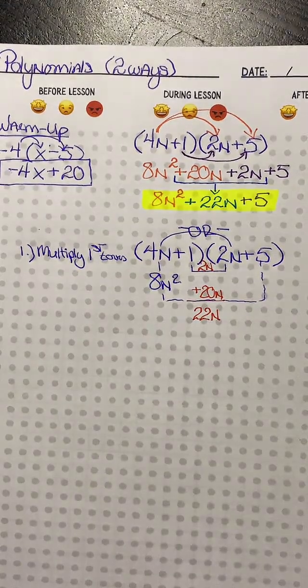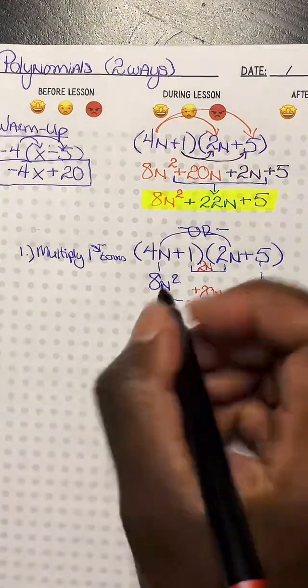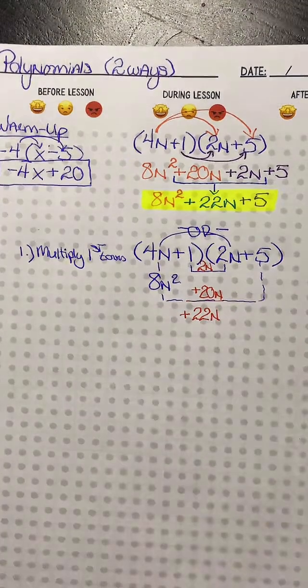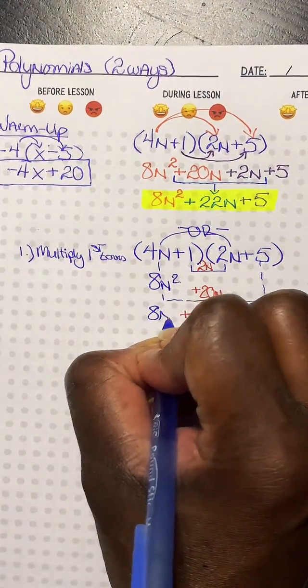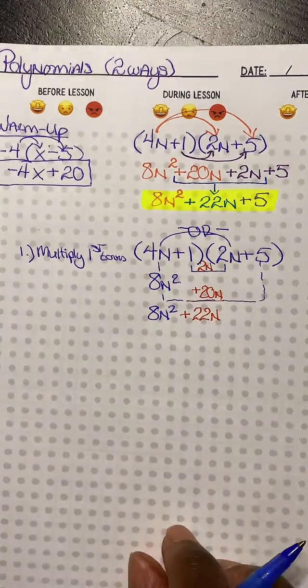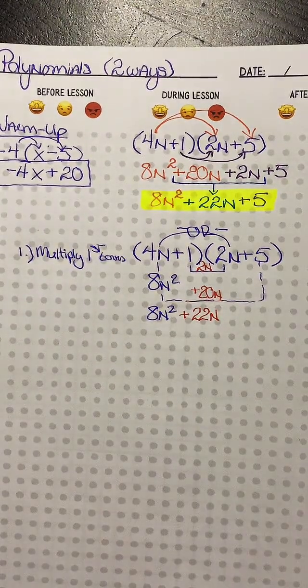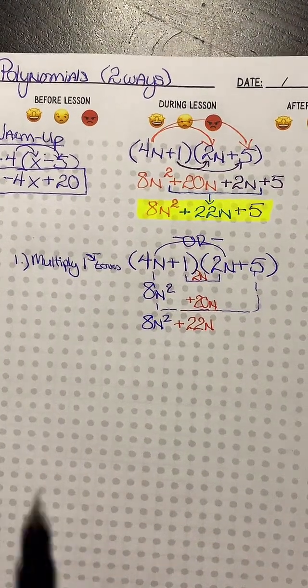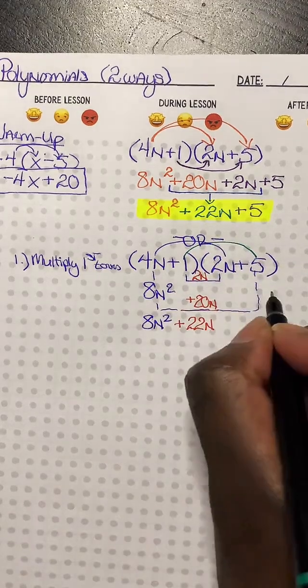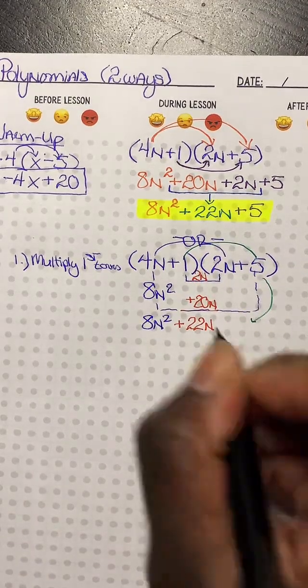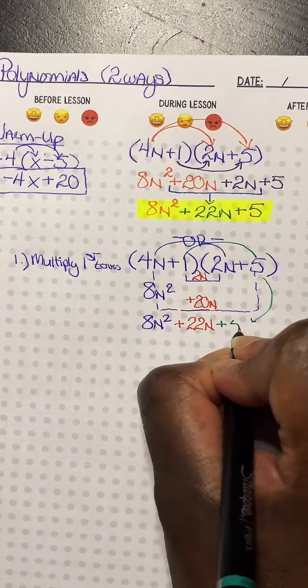I can bring down, and since it's plus, gotta put my plus sign, I can bring down this 8n squared, and then people multiply the last two terms and bring that down, which gives me plus 5.